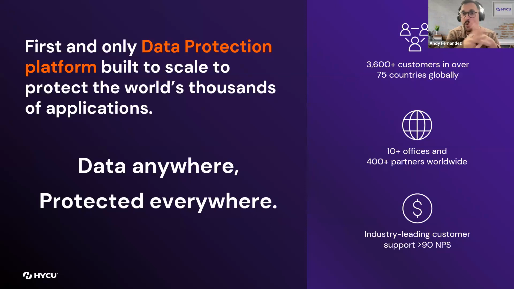We have way over 3,600 customers now, even massive organizations like Nutanix and Broadcom who trust us with their mission critical data. We work with key partners like XenTegra to make sure that we not only deliver an excellent solution, an excellent platform, but also partners that can help you maximize it. And we have industry-leading customer support, with an NPS of over 90, which is unheard of in the industry.